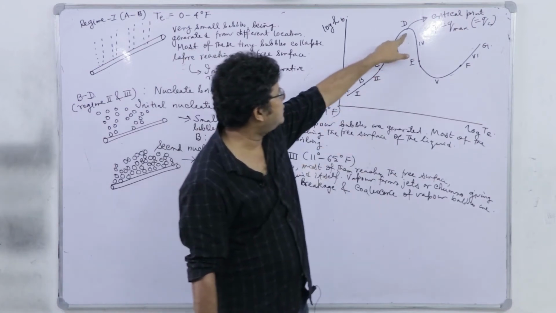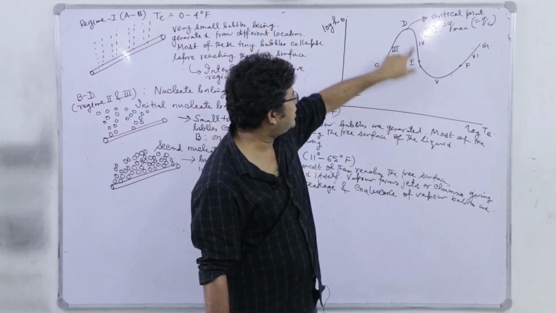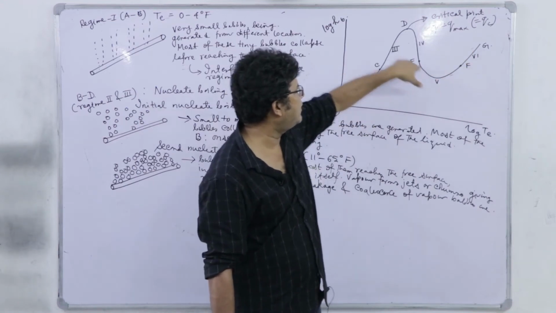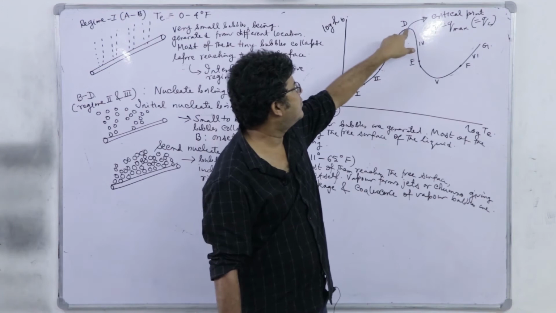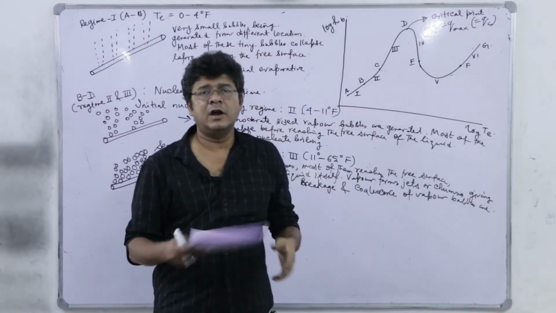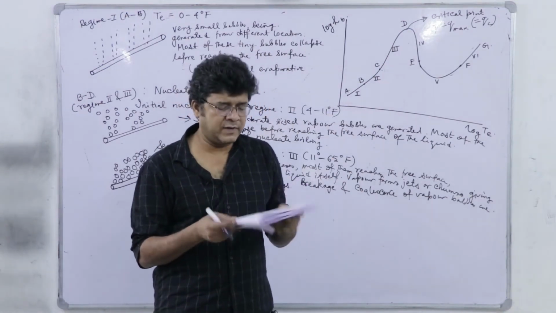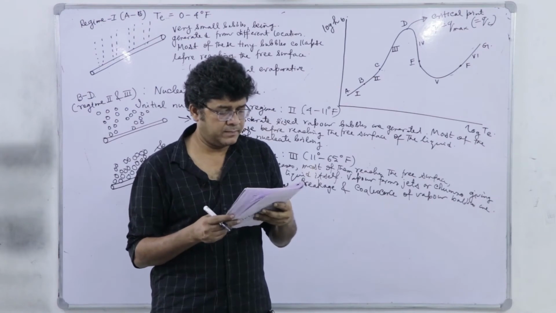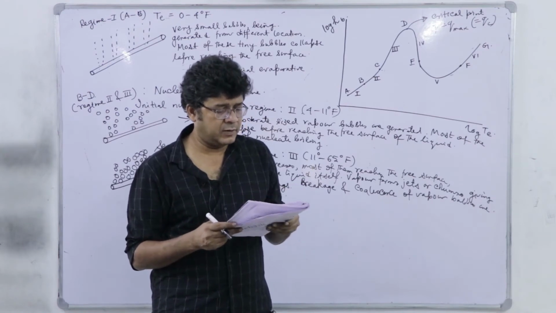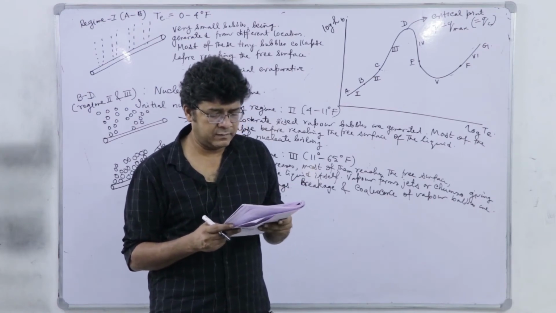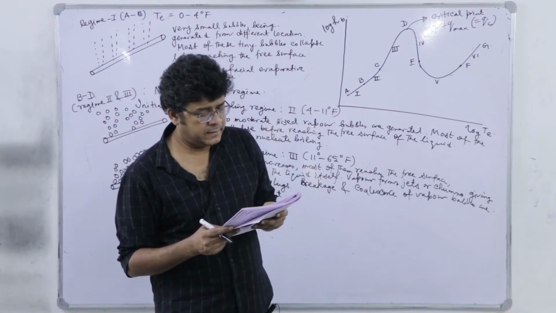So, that is why this region, from here to here, is entirely the film boiling, right. From C to D, this region is called the transition film boiling, okay. So, or unstable or transition film boiling.